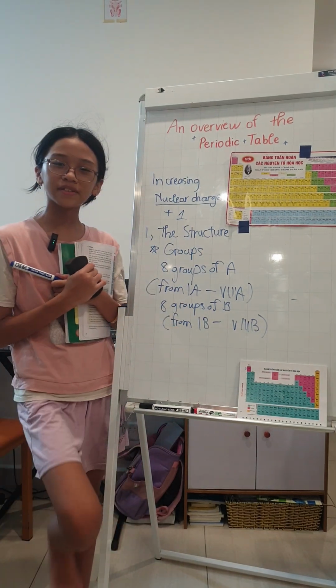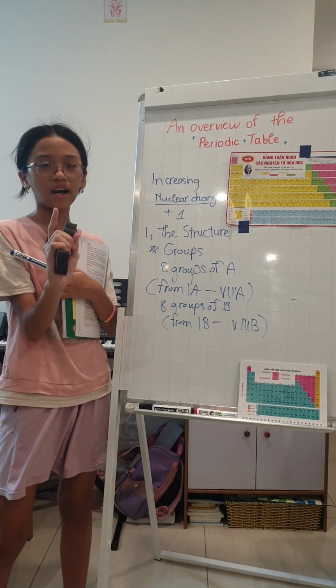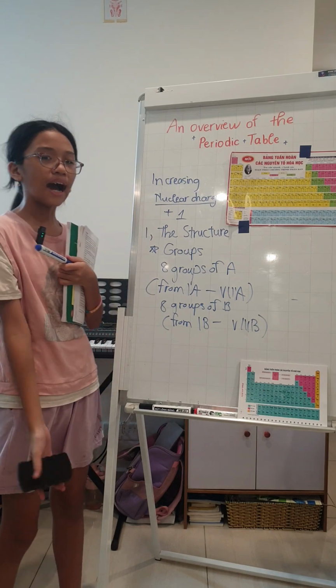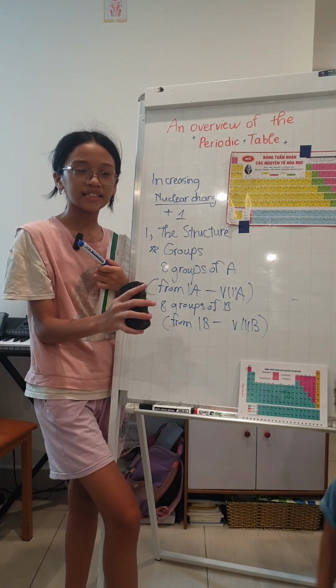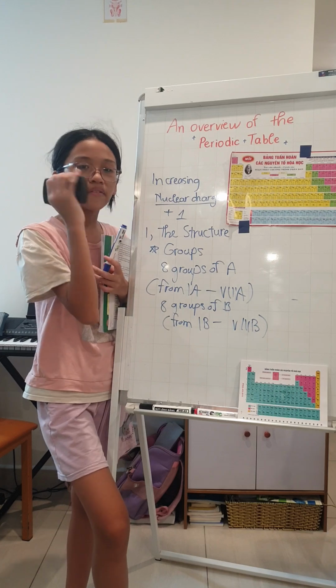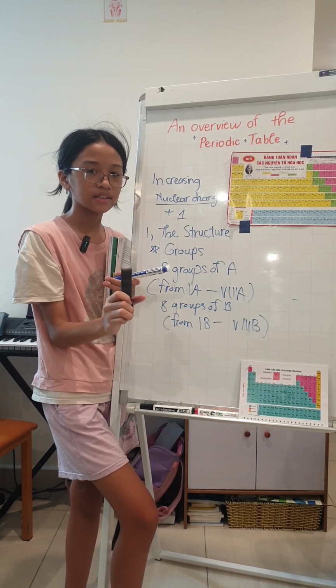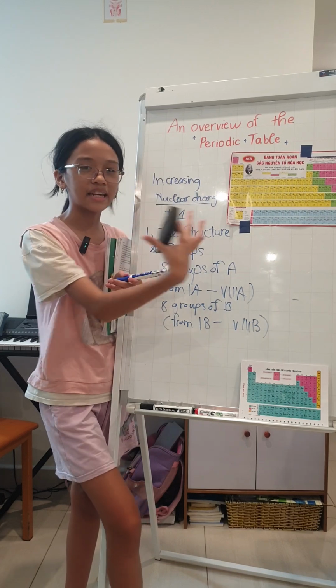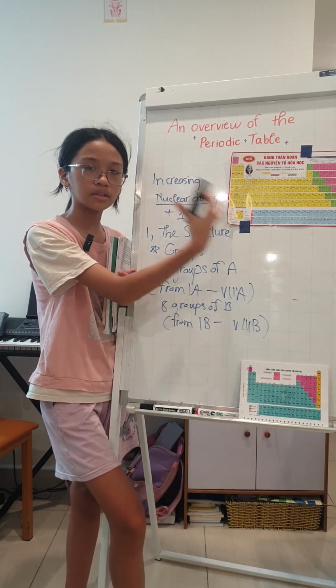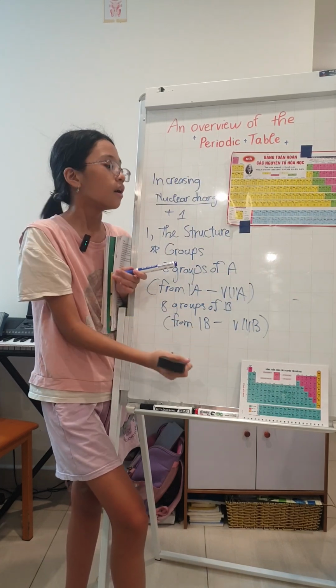And the number of groups also determines one other thing. As I said earlier, the periods determine the number of electron shells of an element. Elements in the same period have the same number of electron shells.